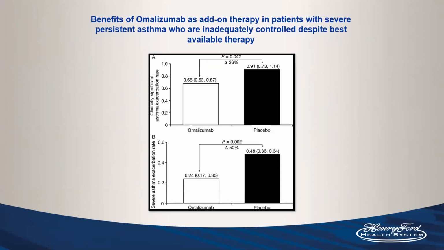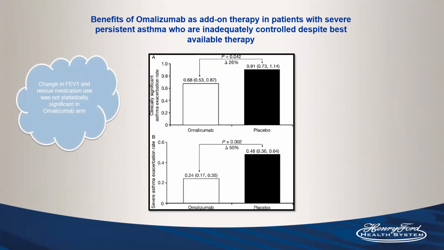And what it does, it basically decreases the rate of exacerbation. It decreases the amount of exacerbation that a patient has. It doesn't change FEV1. It doesn't change the use of rescue medications. This is what they found in this study back in 2005. It just decreases the amount of exacerbation that the patient would get.